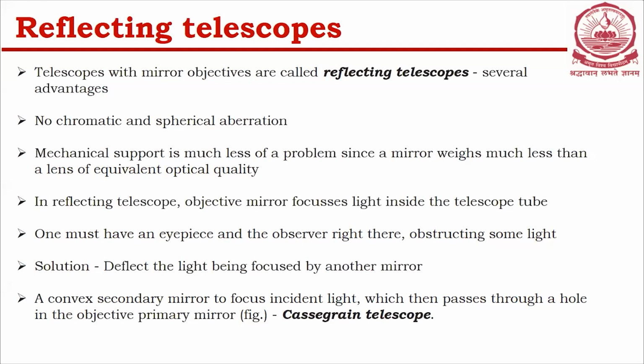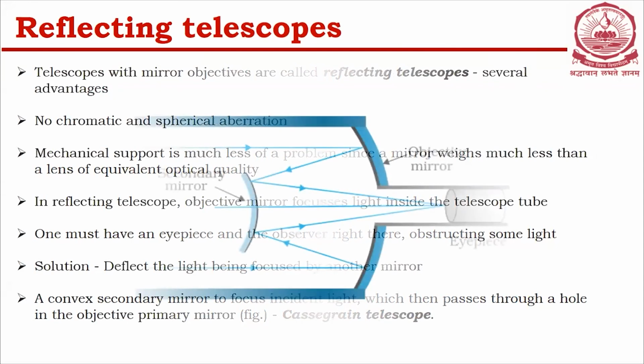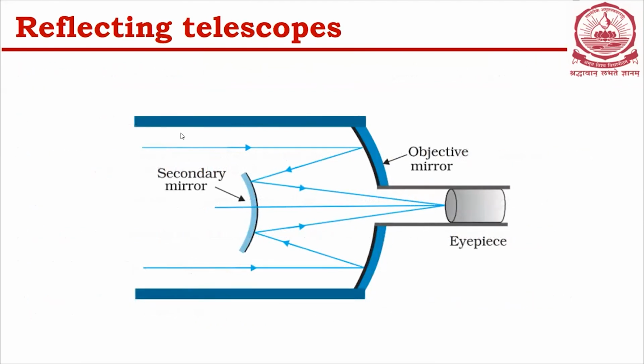So to get the light reflected to the point. So here is a simple example of a reflecting type telescope. You can see here, after reflection, actually it has to go through this tube. So there is a secondary mirror that people will use, so that the loss of light is avoided, because if you are not using this secondary mirror, only a small portion of this light will pass through this eyepiece.